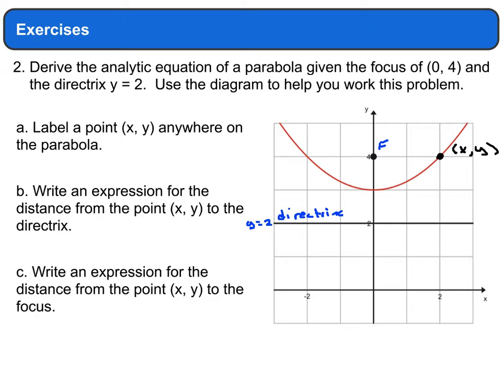And so in part B, they say write an expression for the distance from the point x, y to the directrix. In other words, they want to know what is the distance from here to here. And again, if you say 2, that's not what we're looking for. We're not counting the squares to get an actual number. Now, this is where you have to be careful.